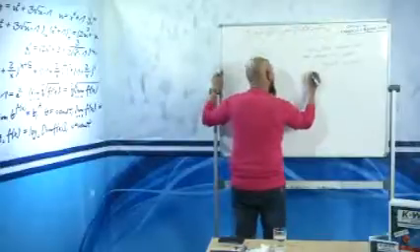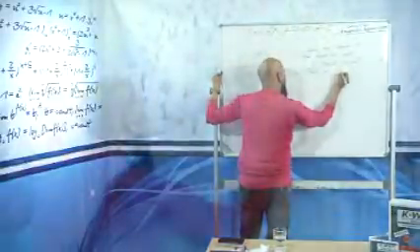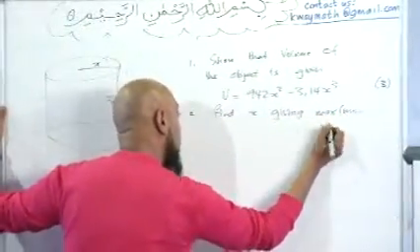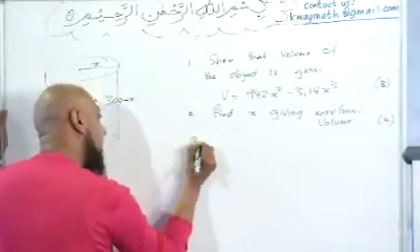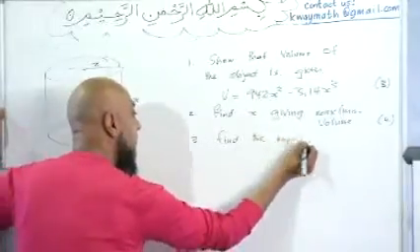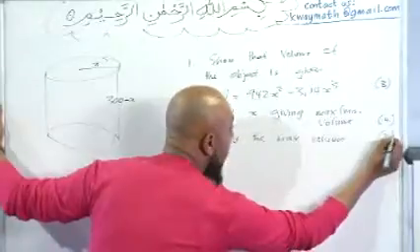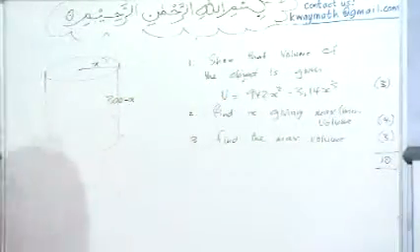Question number 2: find x giving maximum or minimum volume. That will be another 4 marks. And the last one: find the maximum volume of the object. That's another 3 marks. 4 and 3 is 7, and 3 on the dot, 10 marks.